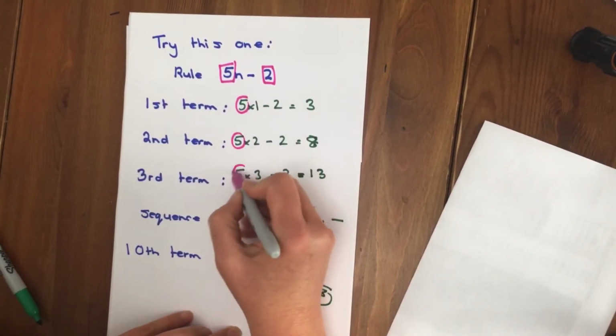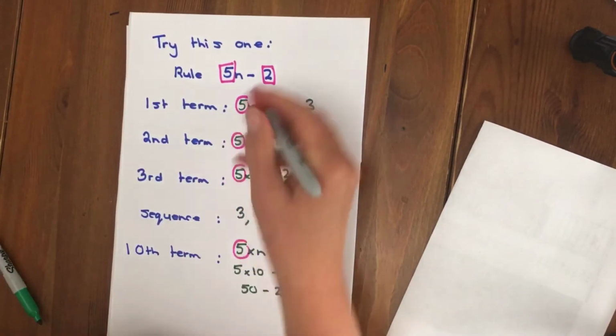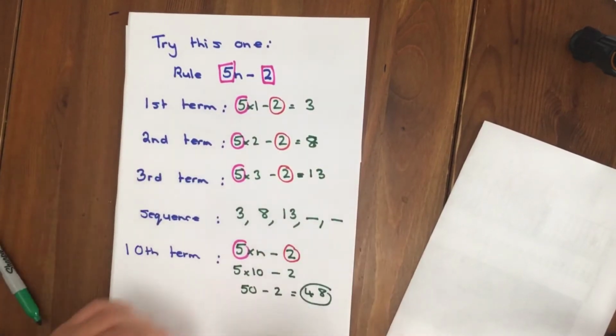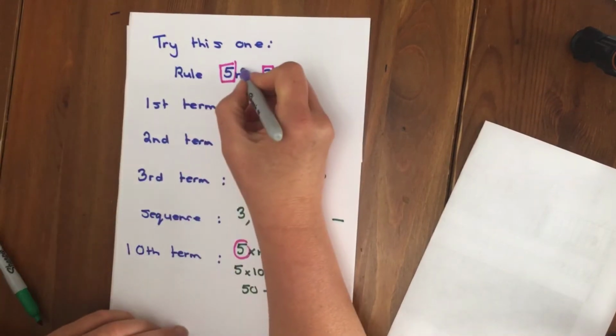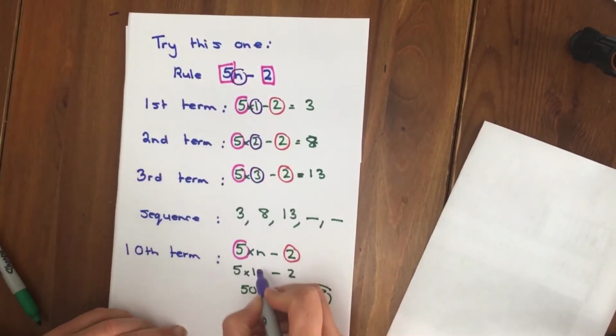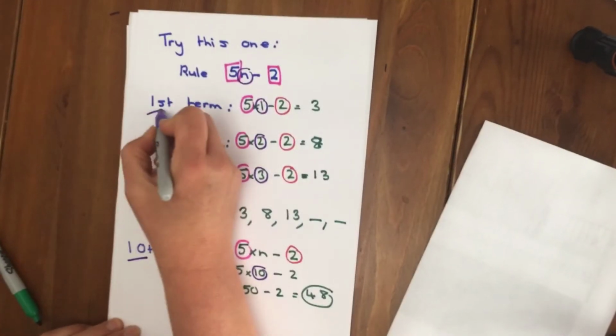The 5 stays there. The 2 does not change, it's always 2. Okay, the only thing that's changing is my n. And you can see that my n, if I just get a different colour pen, the n here is just changing 1, 2, 3, 10, depending on what term you're looking at.